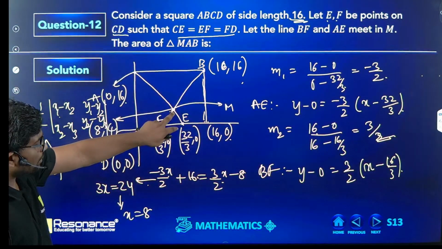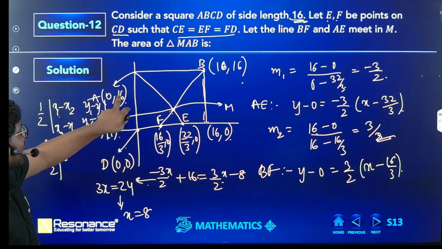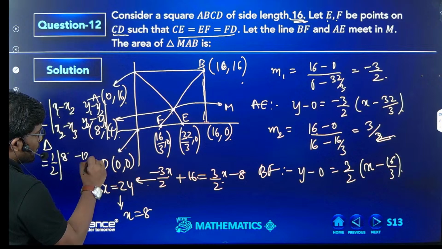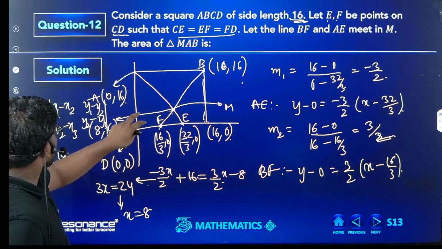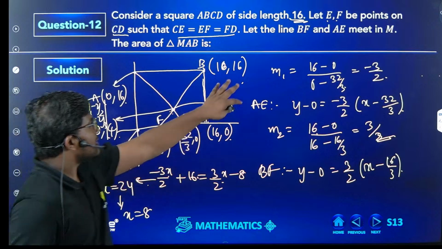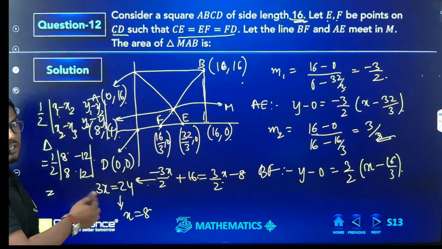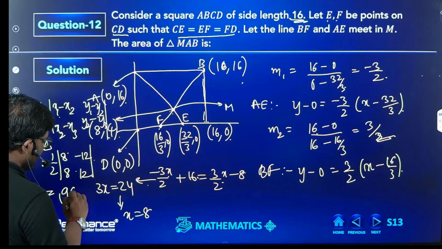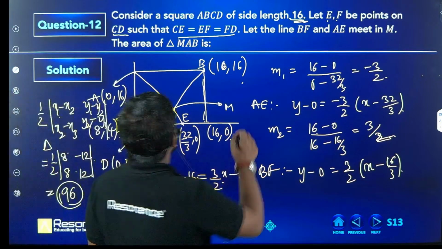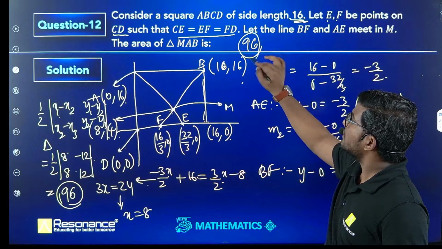So this is 4, y is what? Y is 4, 4 minus 16, so minus 12. Similarly, 16 minus 8, 16 minus 4, 12. So the area would be 8 into 12, so the area is 96. So the answer for this question where the area of triangle MAB is 96. Correct?